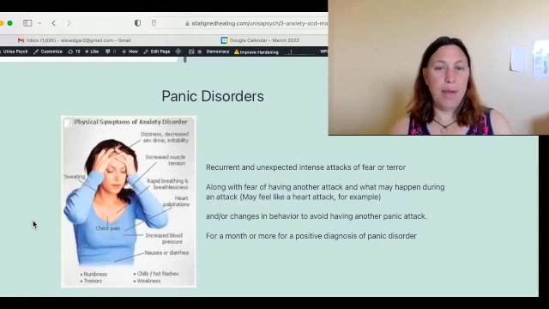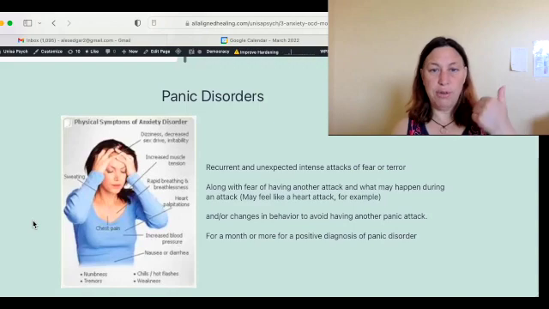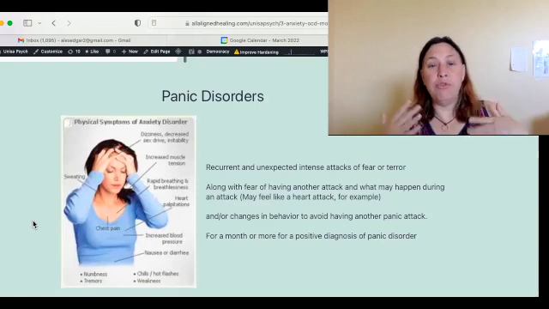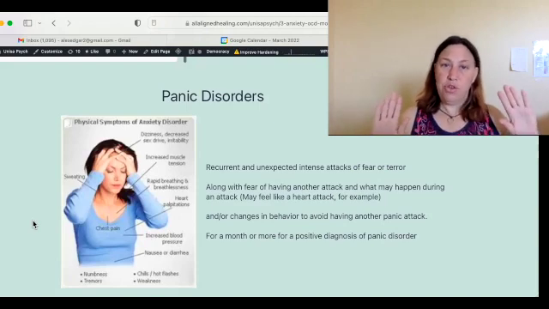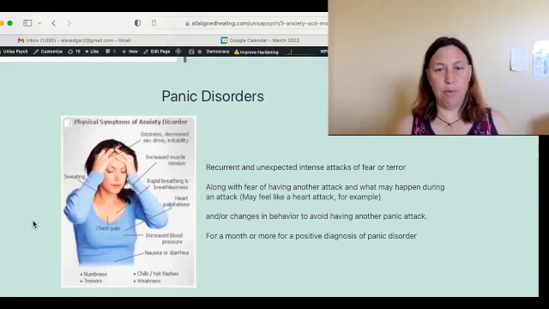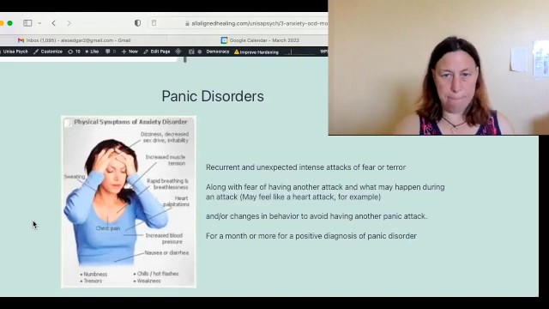So for a panic disorder to be diagnosed, you need to have repeated panic attacks, also a fear of having an attack and what might happen to you during the attack, and then changing your behavior to avoid having another panic attack, for a month or more for positive diagnosis.